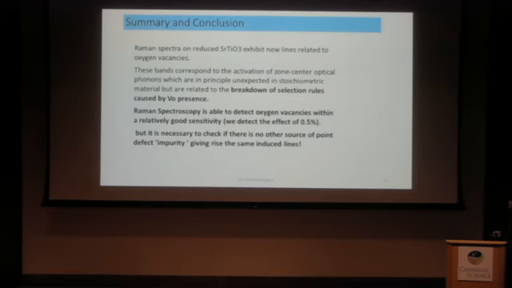So I go to the conclusion and summary. The main question I have is: is Raman spectroscopy able to detect oxygen vacancies in strontium titanate? I can answer yes, we can do it, and with relatively good sensitivity, because we detect the influence of 0.5% deficiency of oxygen.